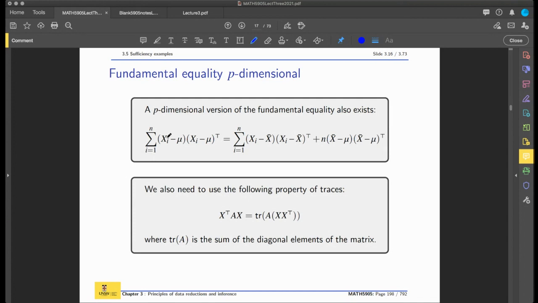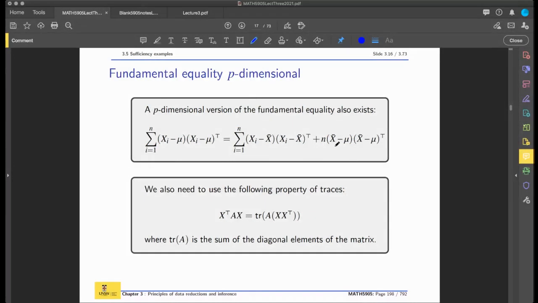And it takes the same form. It takes the sum from i equals 1 to n of (xi minus mu) times (xi minus mu) transpose, which plays the role of the sum of (xi minus mu) squared. Well, that equals a contribution from how far xi is away from the sample mean, plus n times how far x bar is away from the true mean mu.